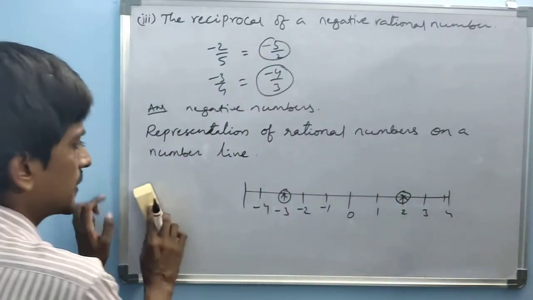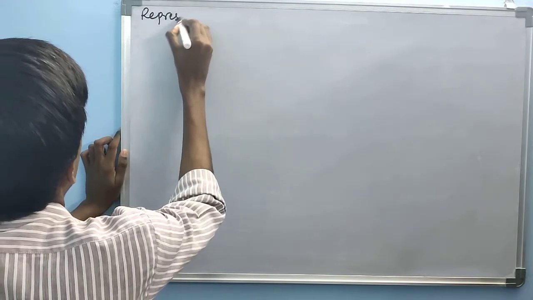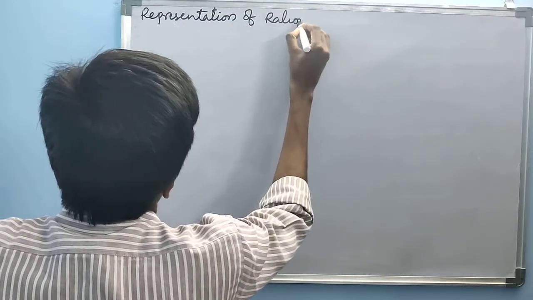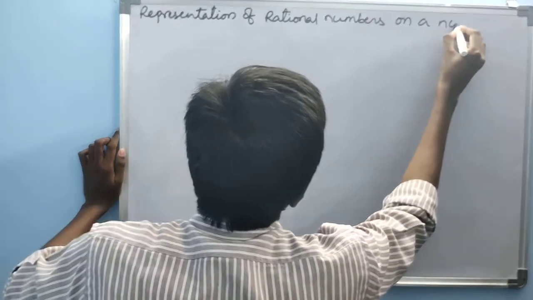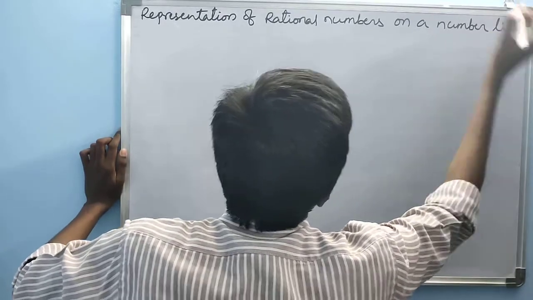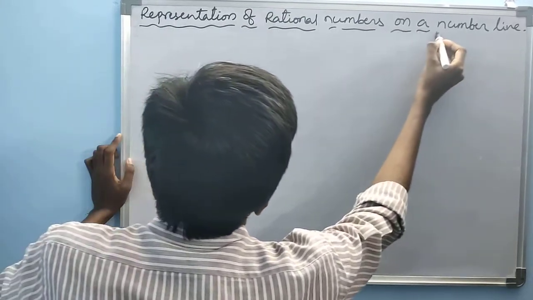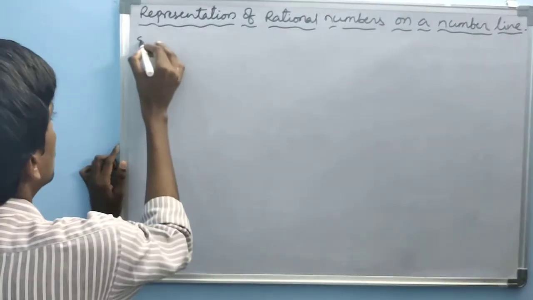Already I gave the introduction to how to represent rational numbers on a number line. Check one example.